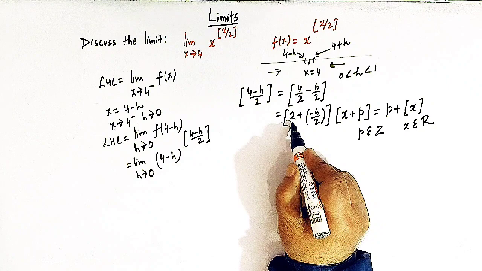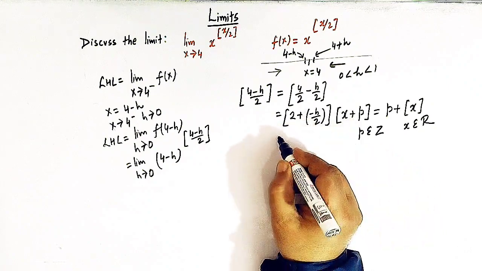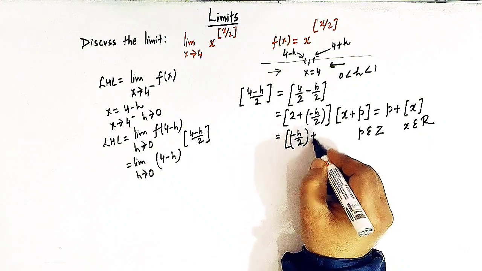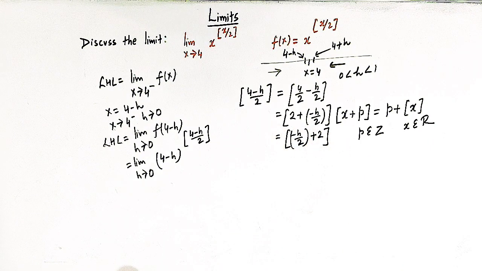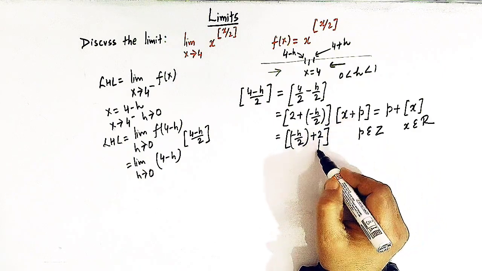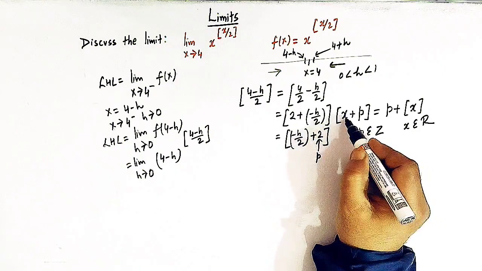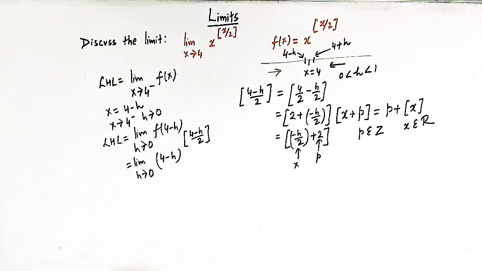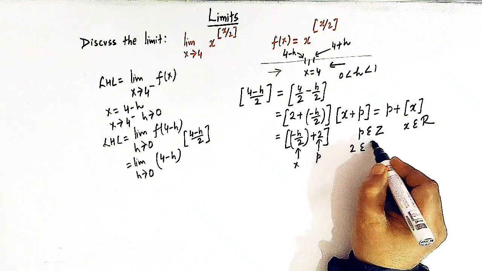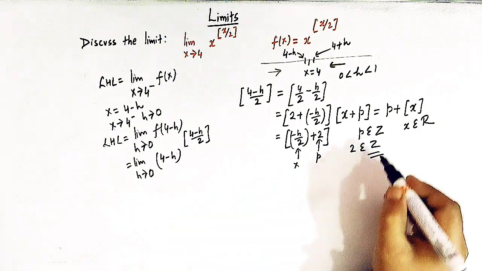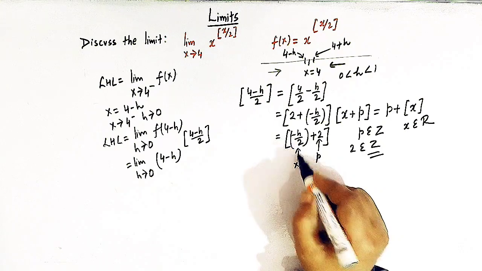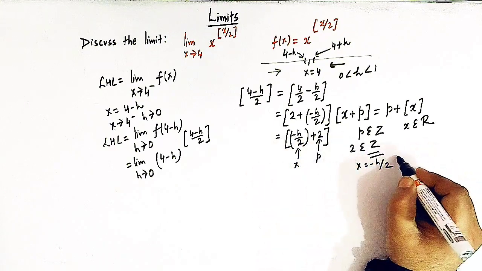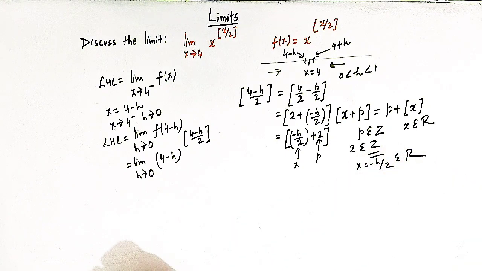So now this term is of this form, because we can write it like this also: minus h over 2 plus 2, right? Okay, so now our p is 2, and our x is minus h over 2, because this 2 obviously belongs to the set of integers, and here x is minus h over 2, and this belongs to the set of real numbers, right?